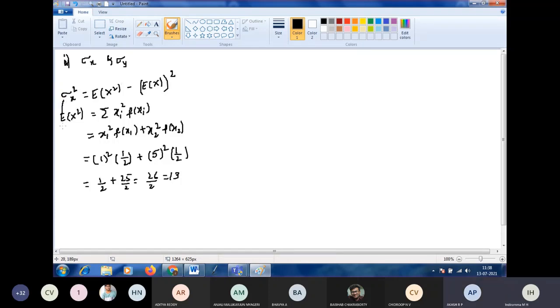Yes, ma'am. Substitute here. Now sigma x square is equal to expectation of x square. We got it as 13 minus. What is expectation of x we got? Already we found expectation of x, 3.